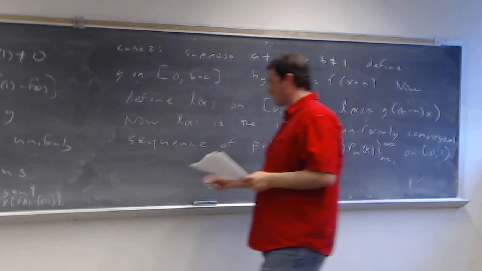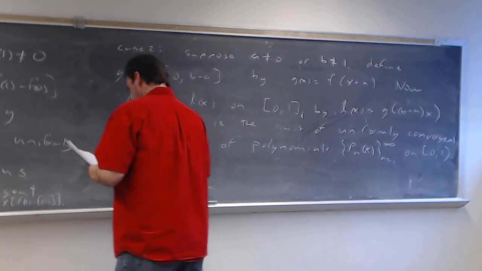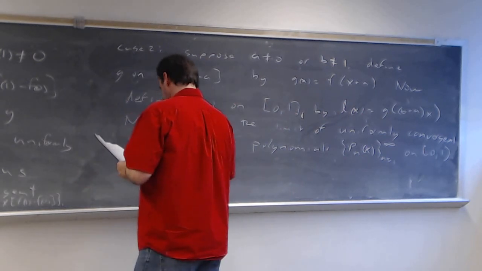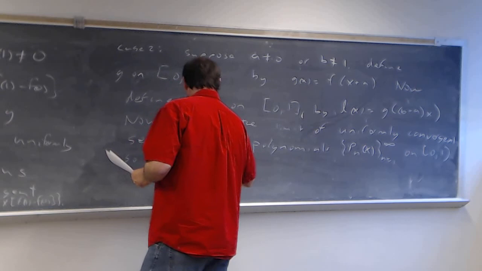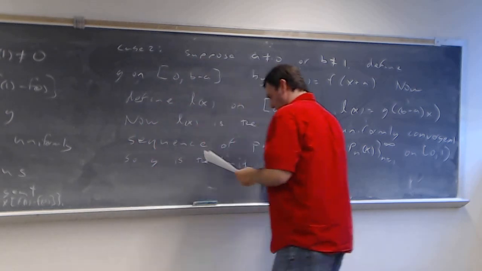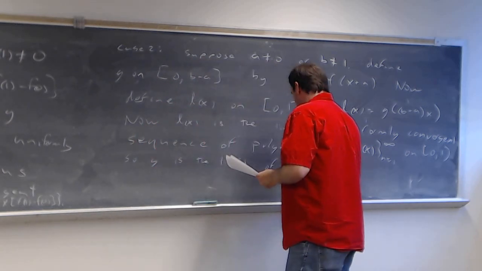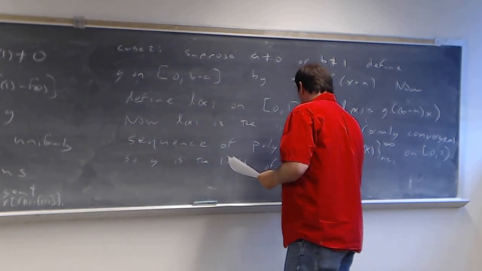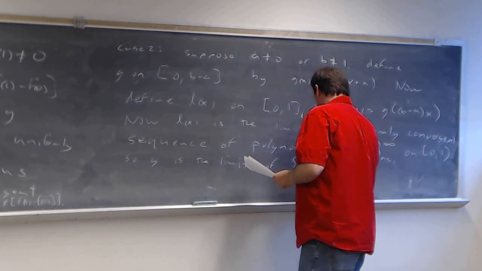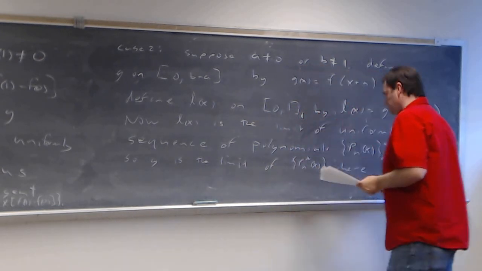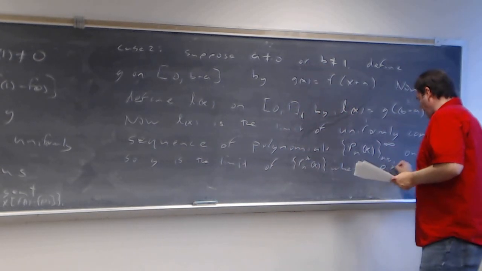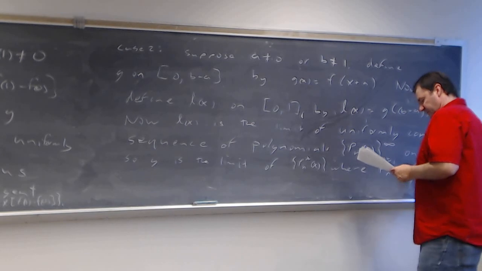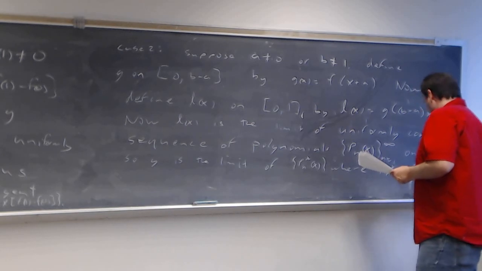So working backwards, g is the limit, I'm not going to write all this down, of the sequence p sub n of x star, where p sub n of x star is defined to be p sub n evaluated at (b minus a) times x.